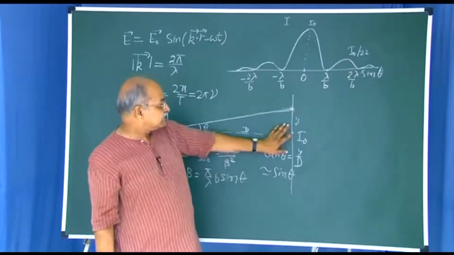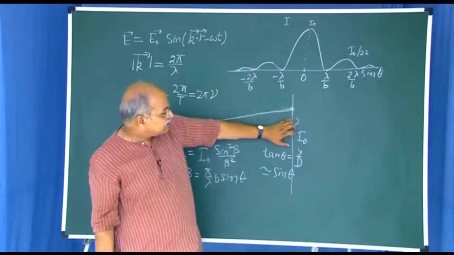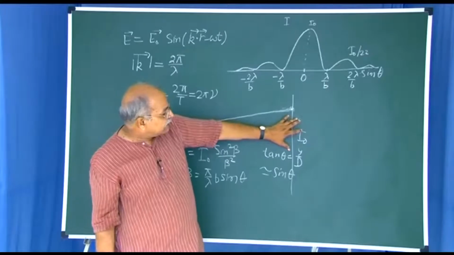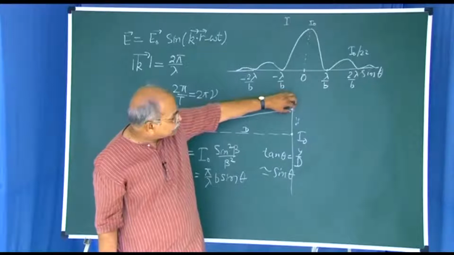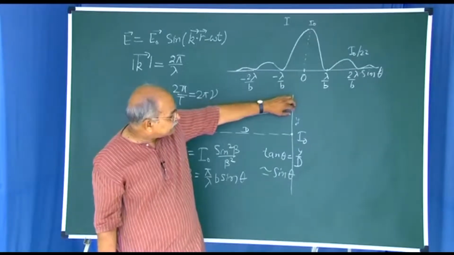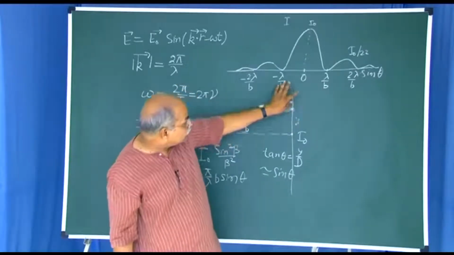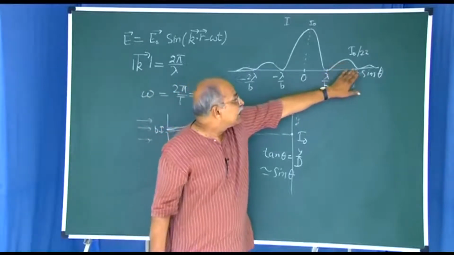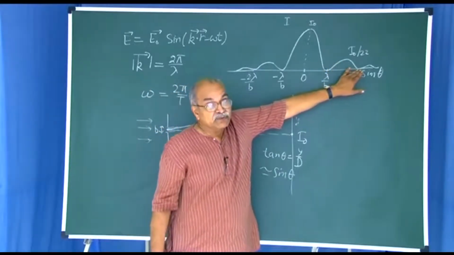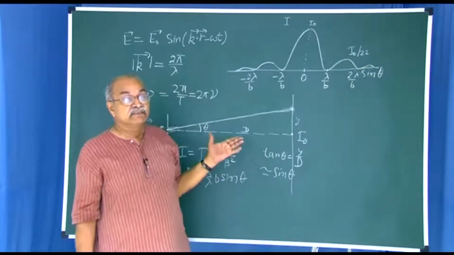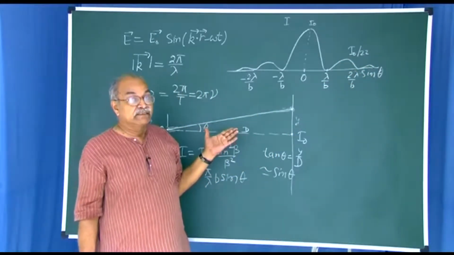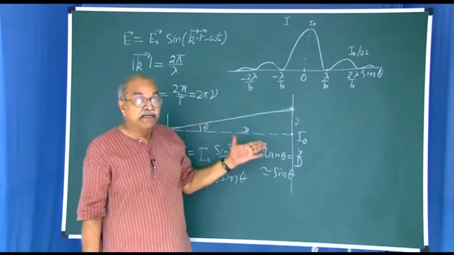So you have a bright band, then you have dark, and then again a bright band which is not very bright, but still in its own neighborhood it is a band. Then again the intensity becomes 0 and again it increases. So you have an alternating dark and bright pattern.